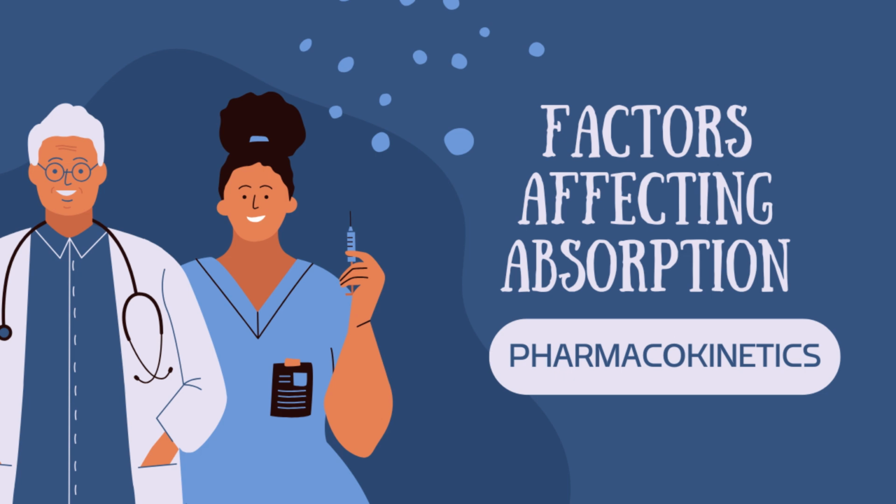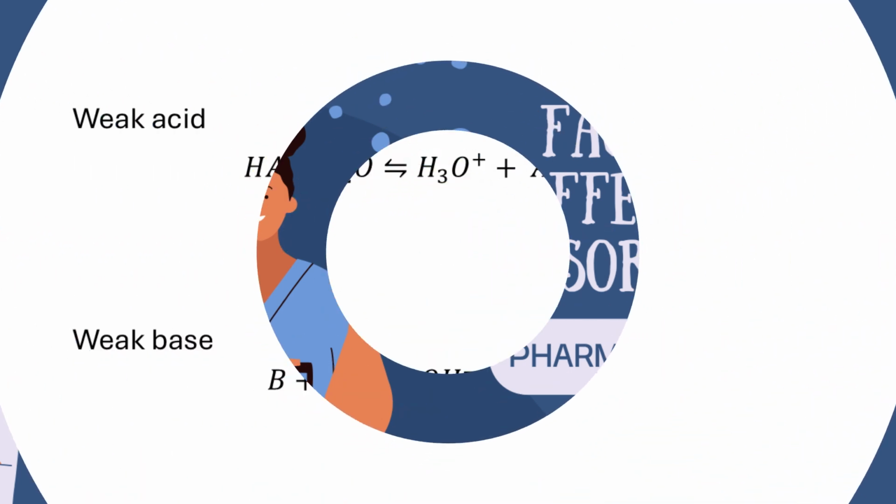Additionally, we'll explore how the total surface area available for absorption, the contact time of the drug with the absorption site, and the presence of p-glycoproteins, which can pump drugs out of cells, all play significant roles in determining how effectively a drug is absorbed. So, let's dive in and uncover the science behind these factors and their impact on oral drug absorption.